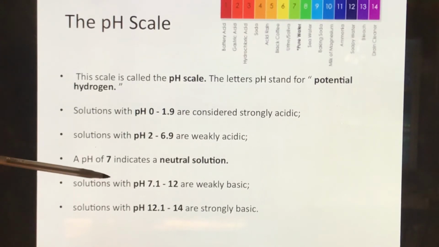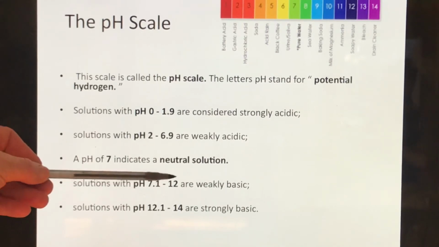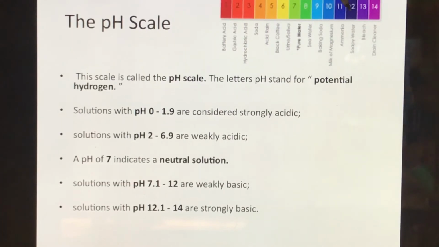Then we're going to verge into the basic end. Solutions from 7 to 12 they consider weakly basic. So that has here seawater, baking soda, milk of magnesia, and ammonia, which we worked with in our lab. And then from 12 to 14 are strongly basic.